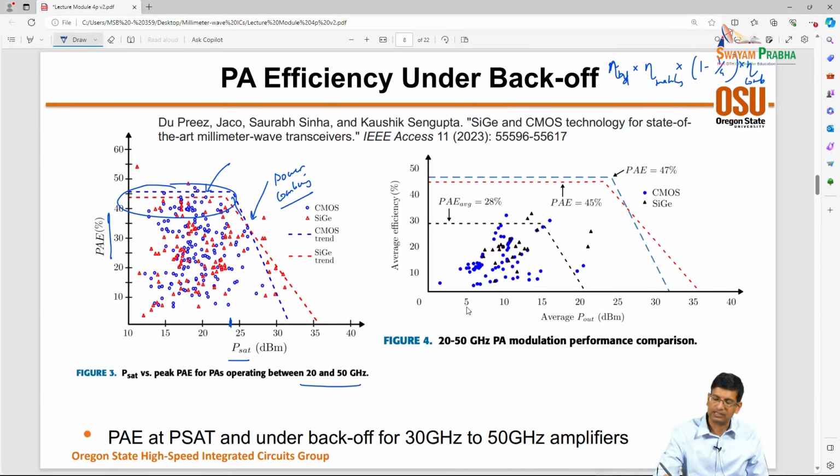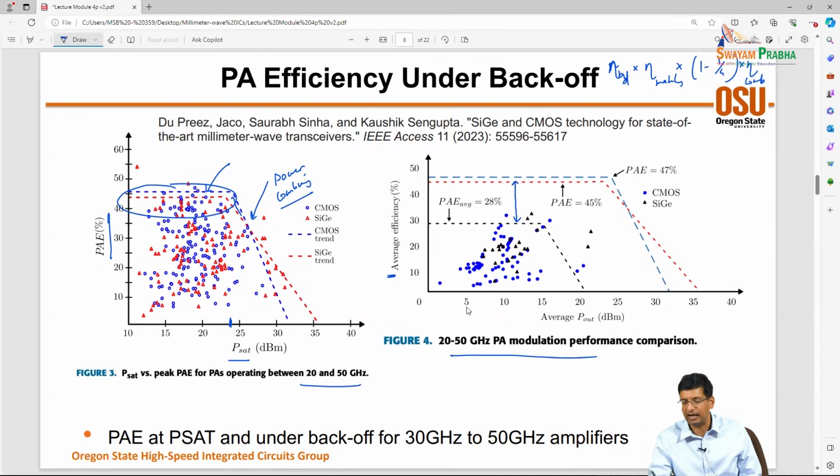But you can also see the significant difference once I look at average efficiency when I am applying an actual modulated signal, because my average output power is lower than my PSAT because I have to back off, and when I back off, my average efficiency drops from the 45% range to the 20% range.